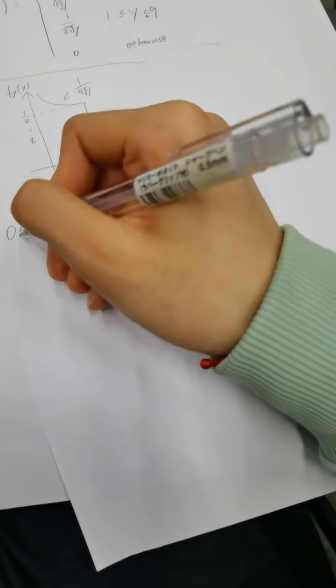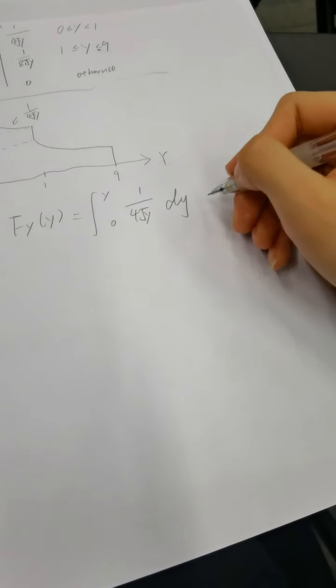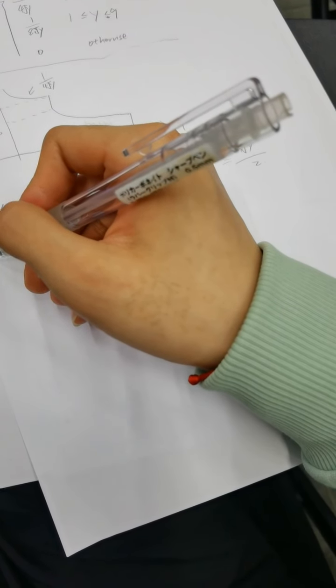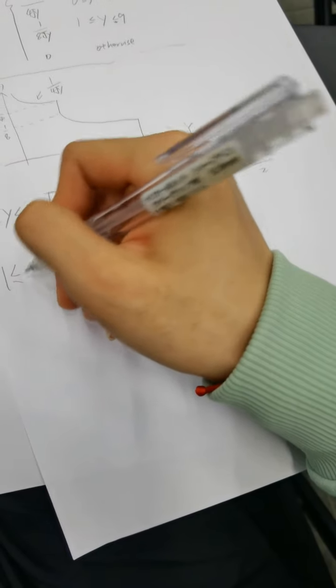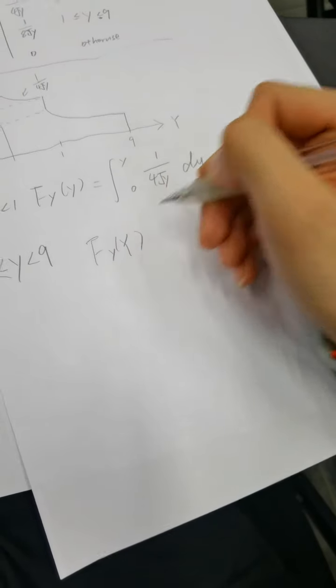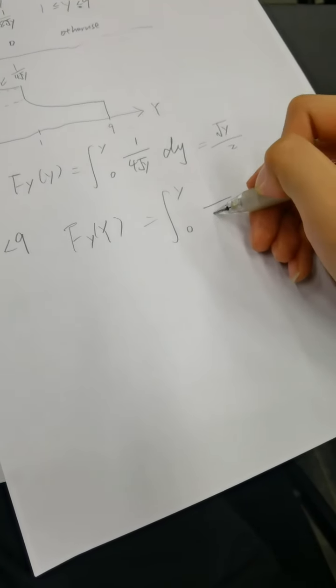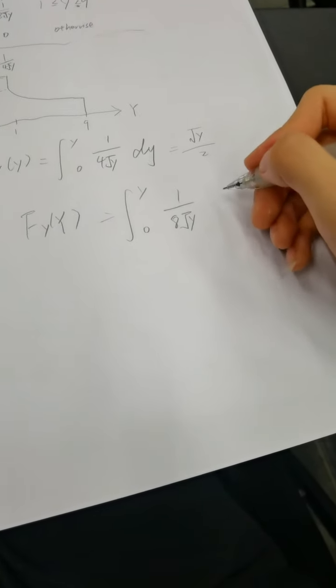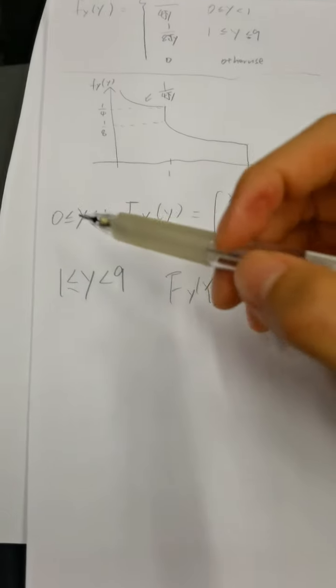For the second situation, from 1 to 9, big F(y) is obtained by taking the differential of small f(y), but in different situations.